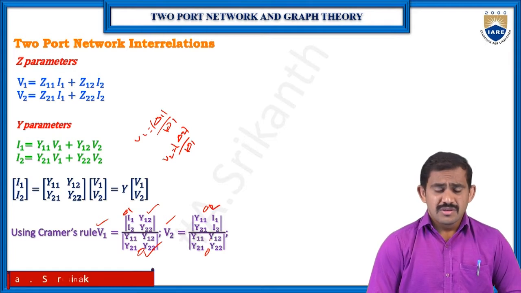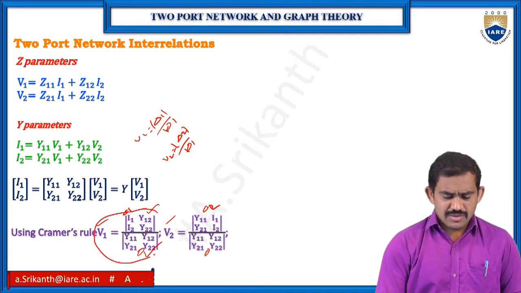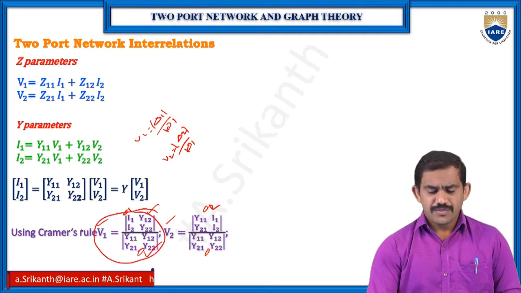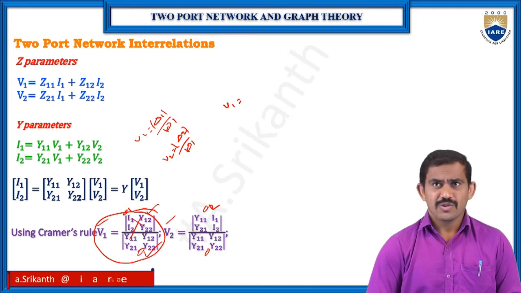Now if you want the v1 equation, this is my equation, just check it now. So v1 equals, just cross multiply, you get the answer.